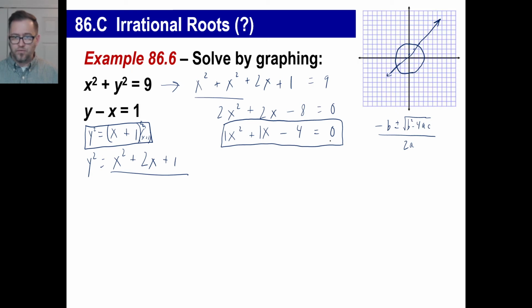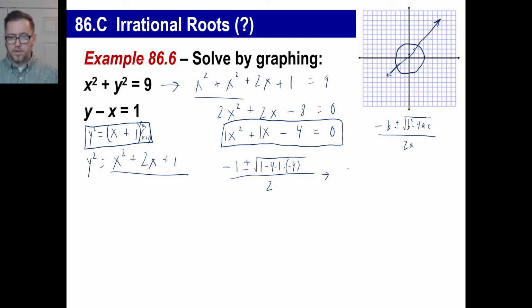So negative b is negative 1 plus or minus the square root of b squared, which is also 1, minus 4 times a, which is 1, times c, which is negative 4. This is all going to be over 2 times a, or 2 times 1.